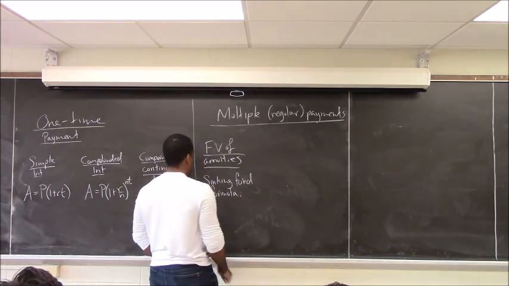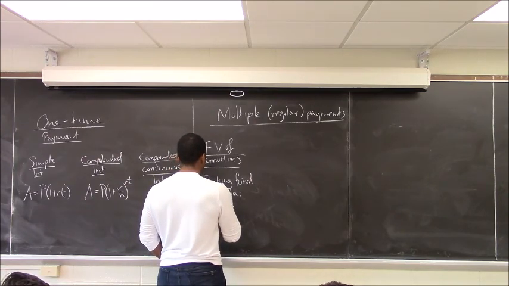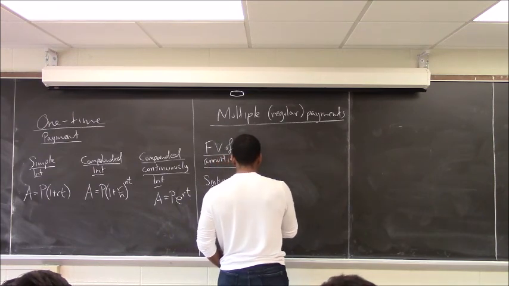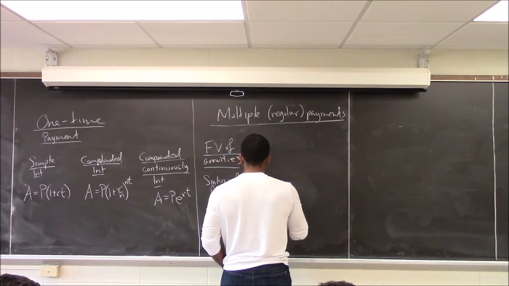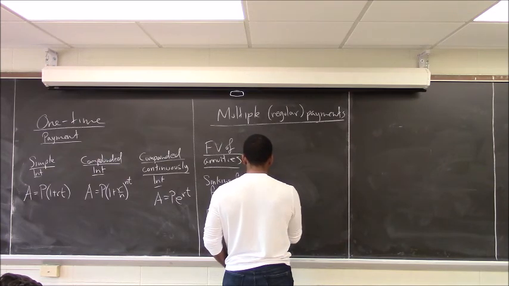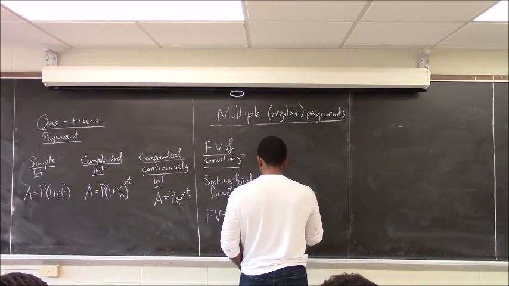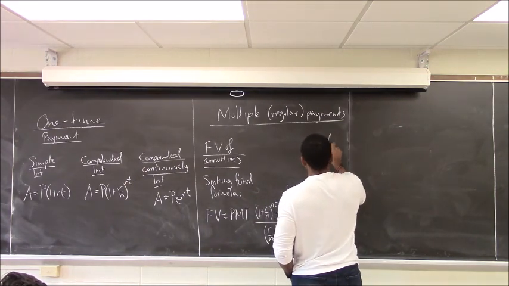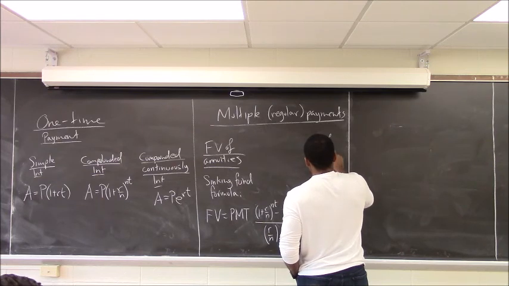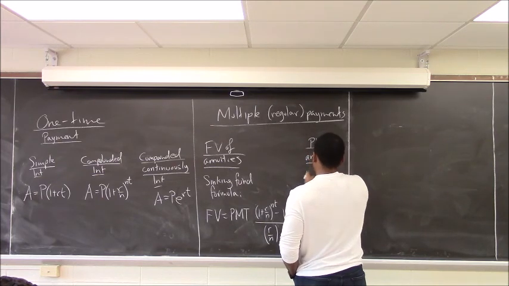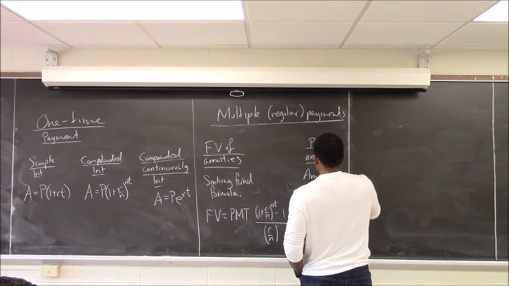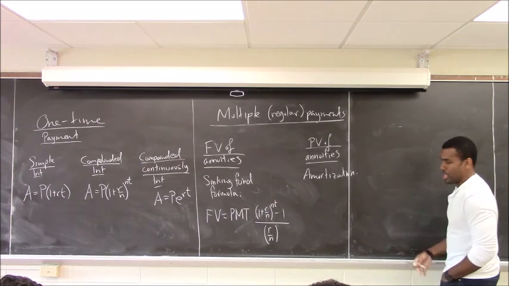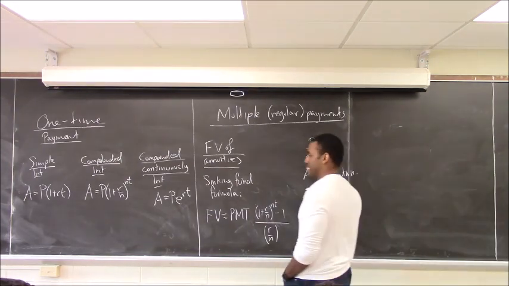And that basically said that the future value was equal to the payment value times 1 plus R over N to the NT minus 1 over R over N. And we had the present value of the annuity, usually referred to as the amortization formula, because it's useful when you're trying to figure out when you want to put a debt to rest, and amortization needs to kill, in saying it in a very nice way.